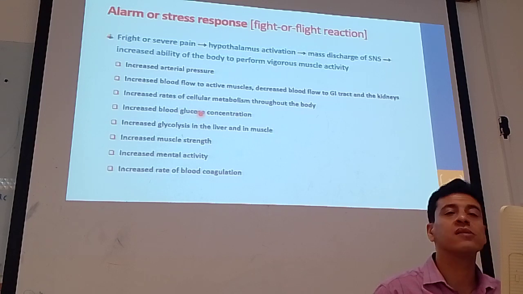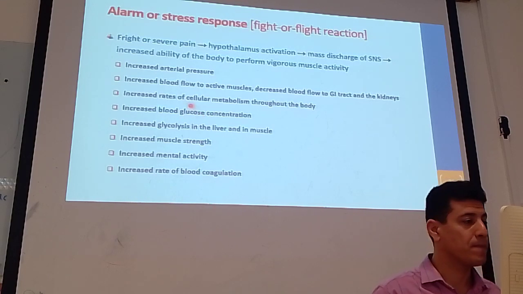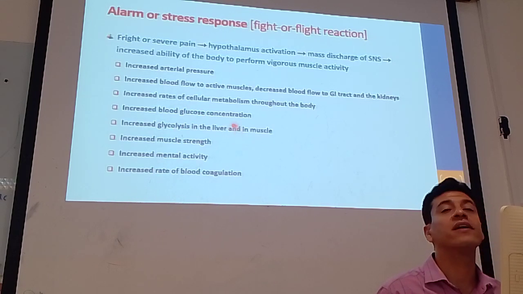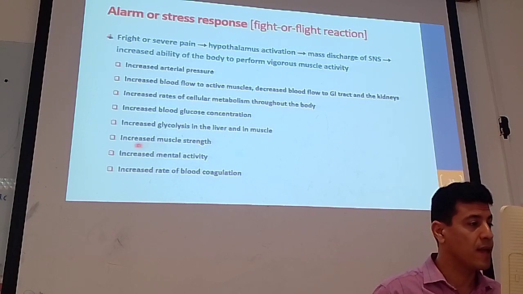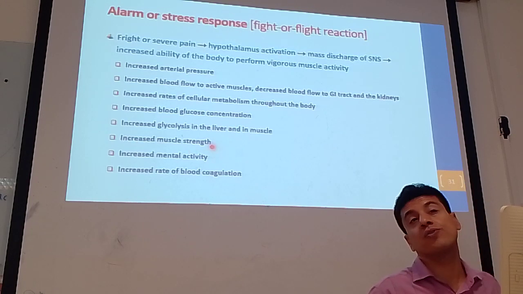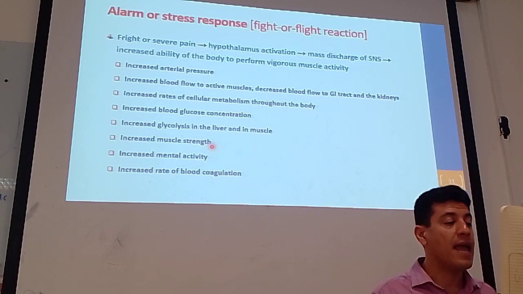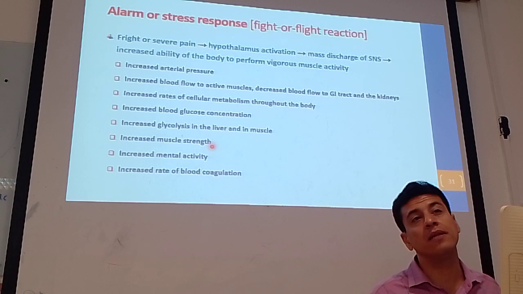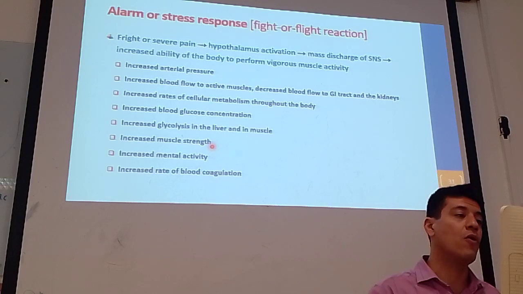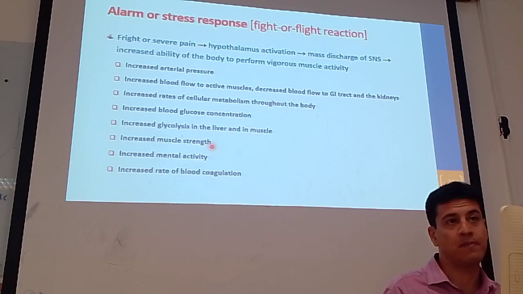Right? Blood glucose concentration increases. Glycolysis in the liver increases. Muscle strength increases. Mental activity increases. And coagulation ability of the blood also increases. So all of these are the actions of the sympathetic nervous system.